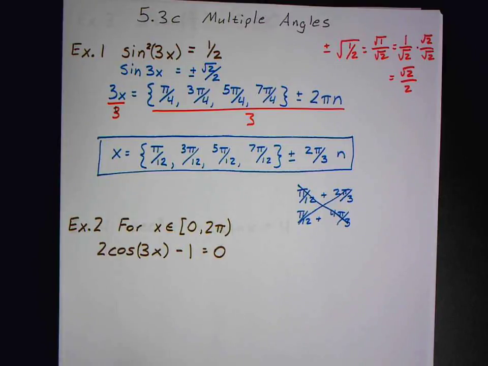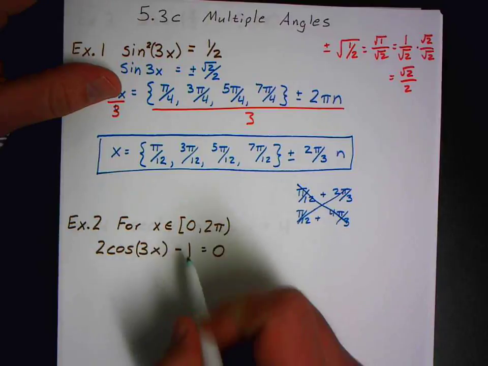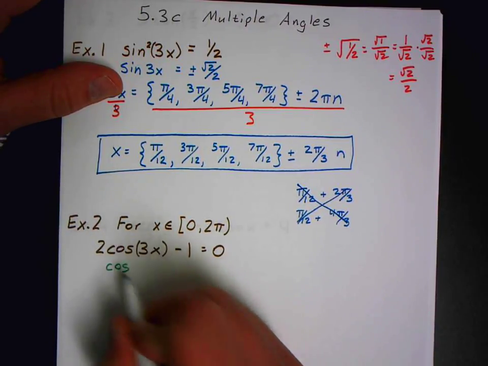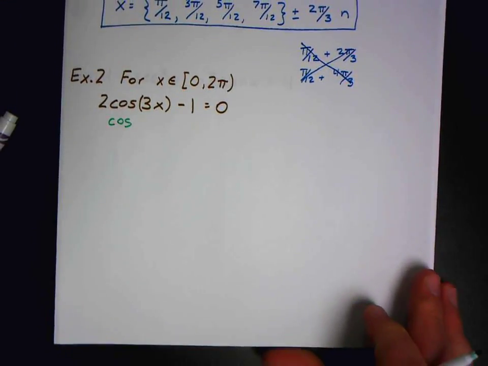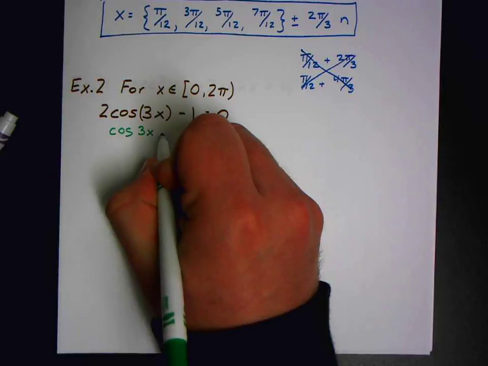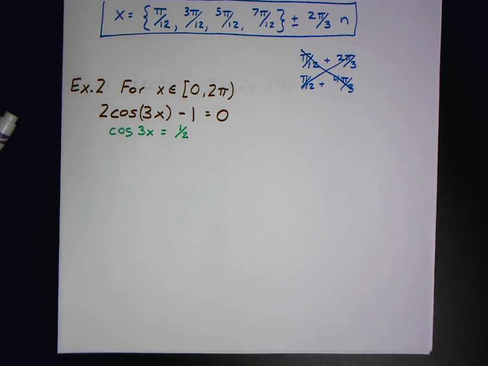So we start solving. Again, first step is to get cosine by itself. So I'm going to add the 1 and divide by the 2. So add the 1, divide by 2, I get cosine of 3x equals 1/2. So where on the unit circle does cosine equal 1/2?